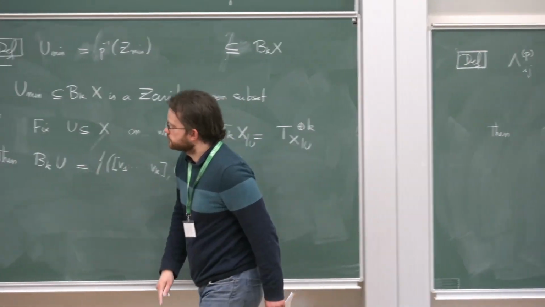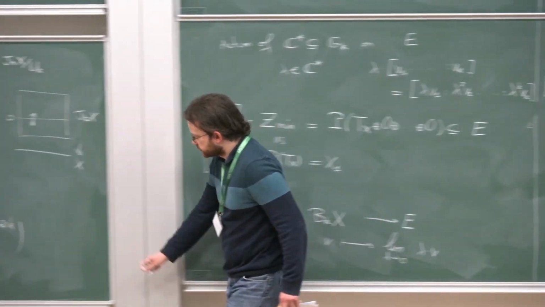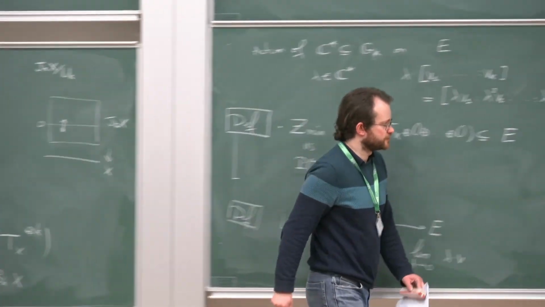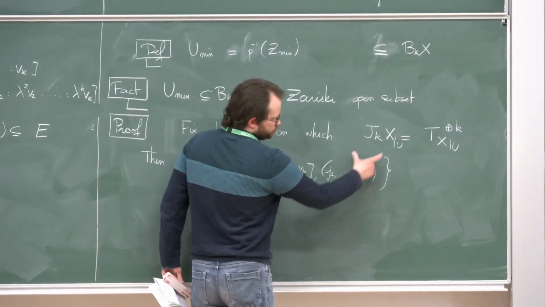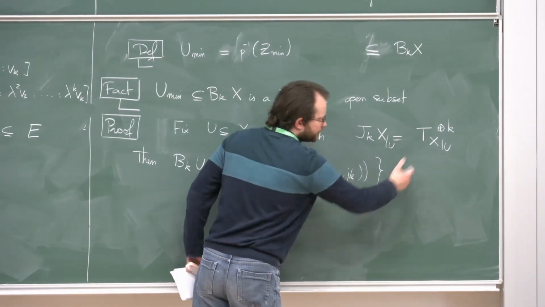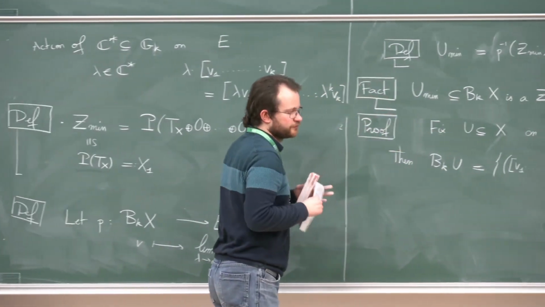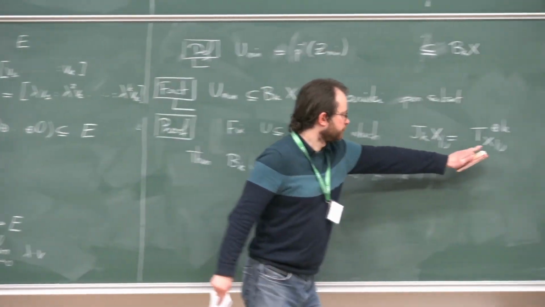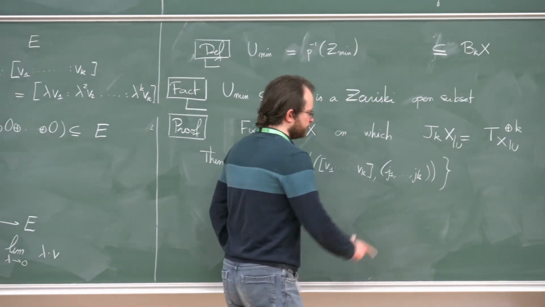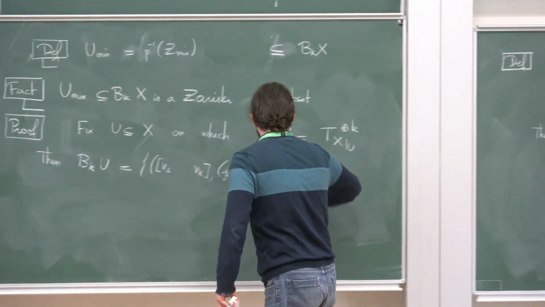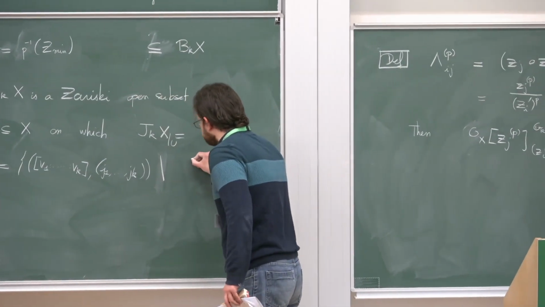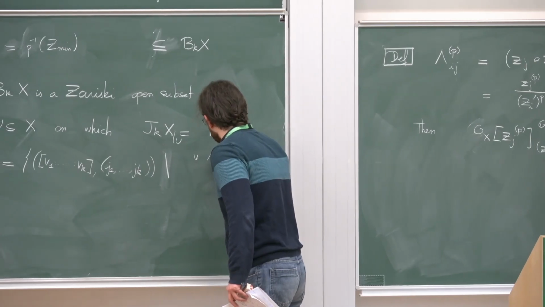The first one, of course, belonging to this projectivized bundle, and the second one to JkX, but on U seen as a sum of copies of tangent vector bundles over U. And here, of course, you have V is parallel to J.